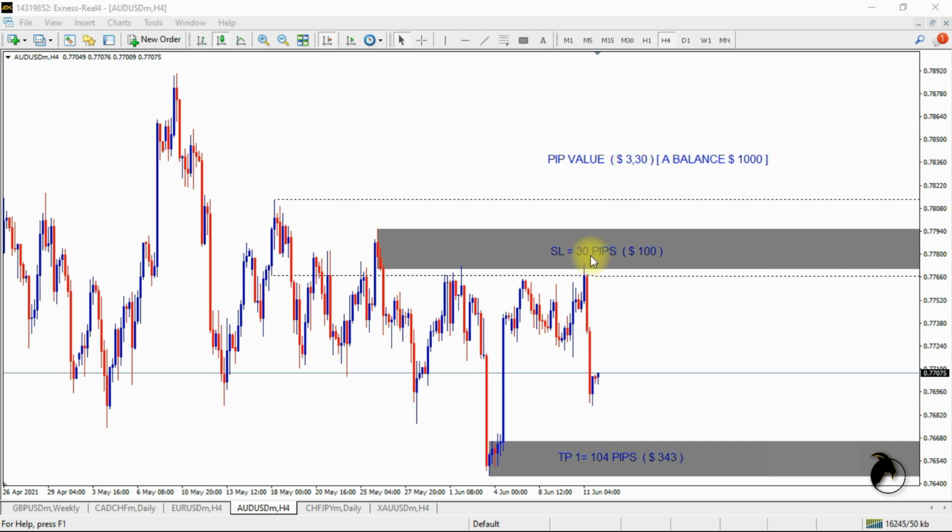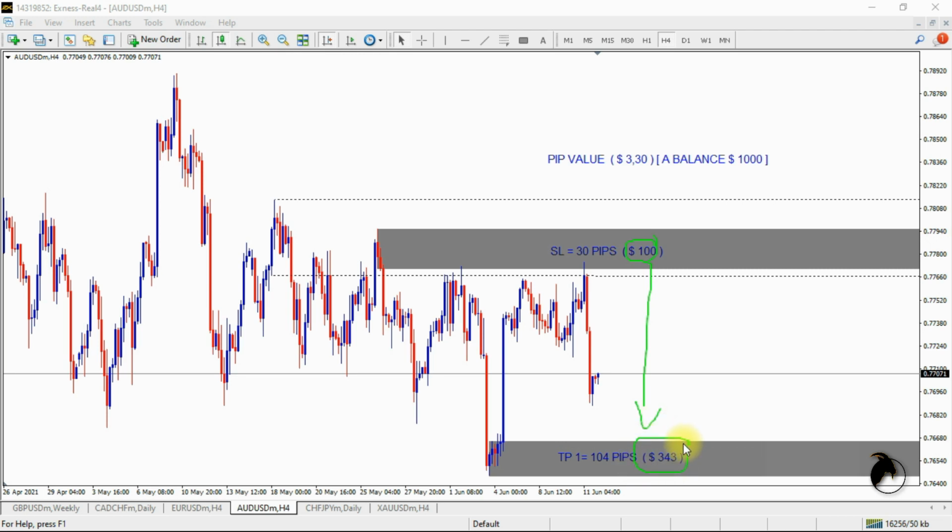So if you know how much you are risking, let's say here we gave a scenario of a $1,000 account, meaning we'll be risking $100 per setup. So should price hit our 30 pips stop loss, this is the amount that we should lose. And should we hit our target, this is the amount that we should gain.